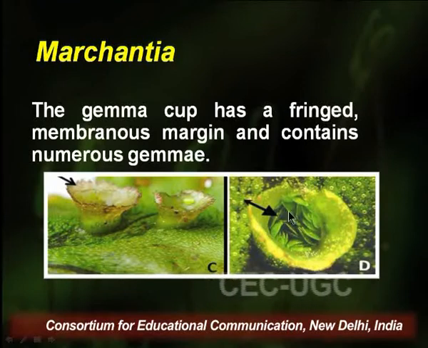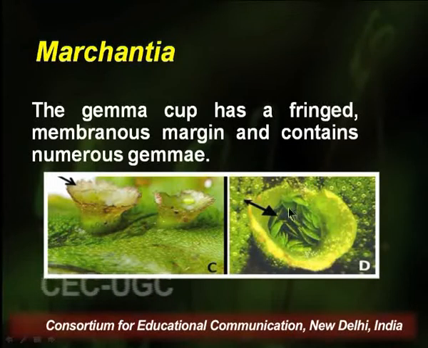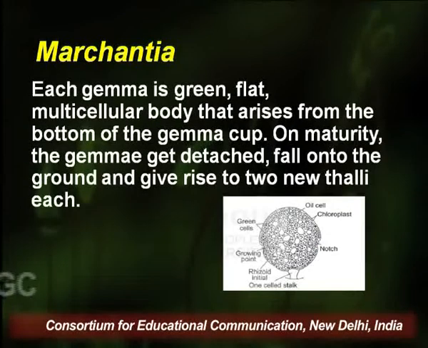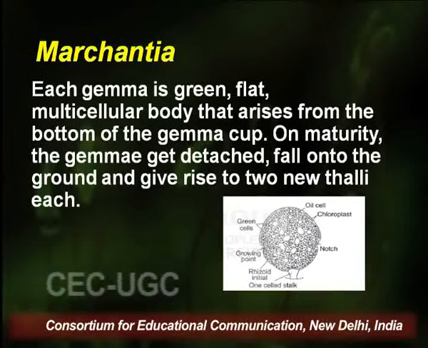These gemmae are mostly bilobed structures, and they are the ones which help in vegetative reproduction of Marchantia. Each gemma is a green, flat, multicellular body that arises from the bottom of the gemma cup.